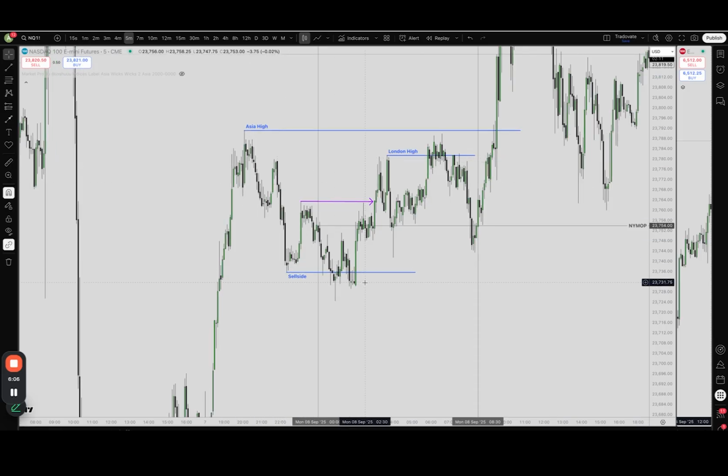Why? Because we've shifted in market structure. We were seeking sell side. Now we've broken structure to the upside. So if I were to take a line tool, it's going to look like this.